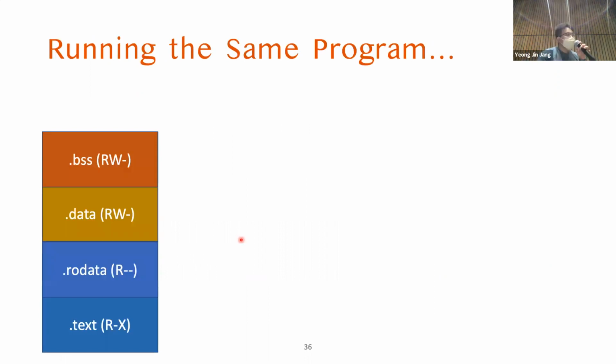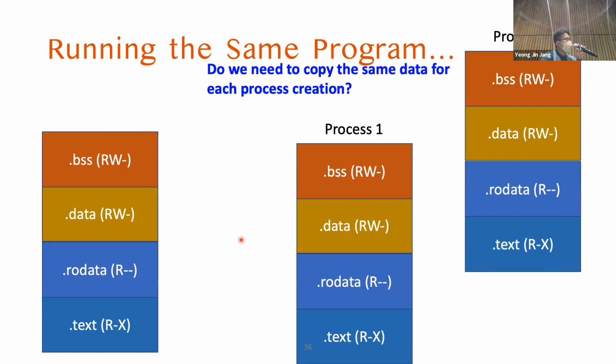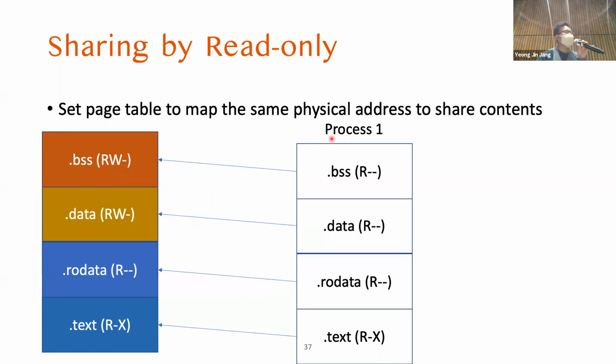Now I'm talking about the case that we are running the same program again and again, right? Suppose we have 1 copy of the program and then spawn 1 process and another process. You can easily think that we don't have to copy the entire memory. So we just load the entire binary like this, and whenever we create a process, we create it like this.